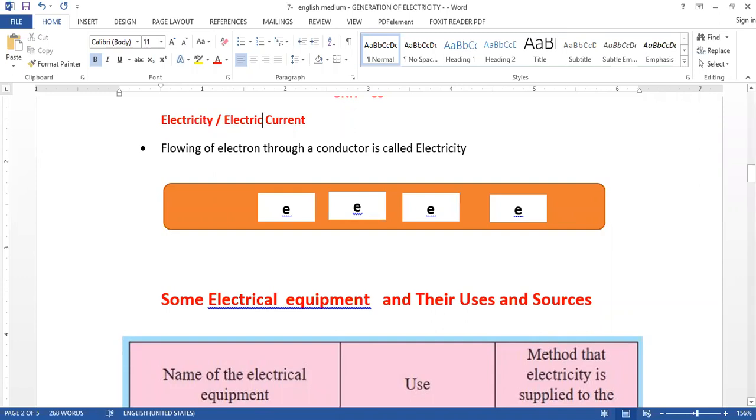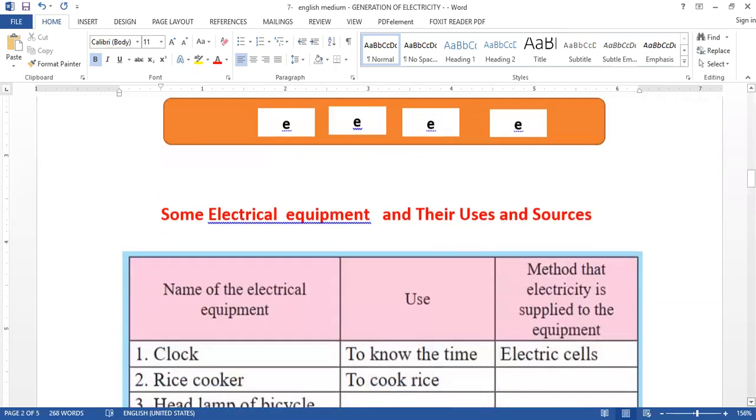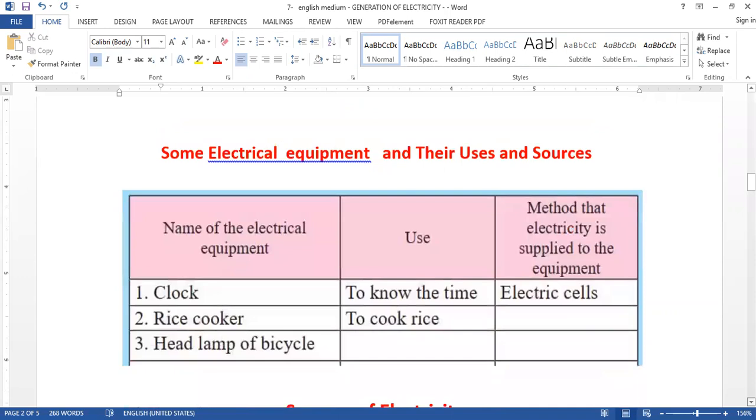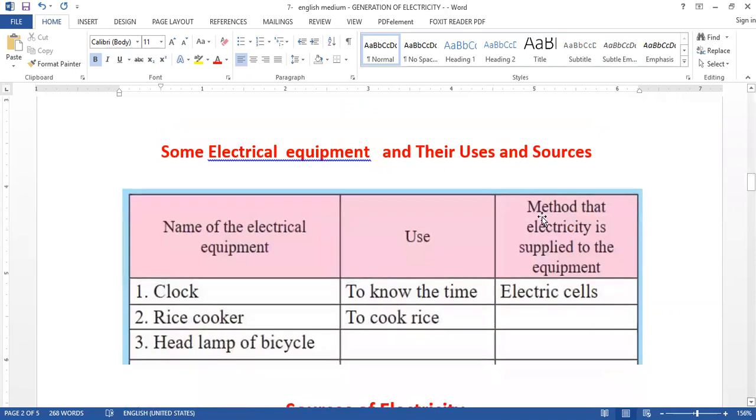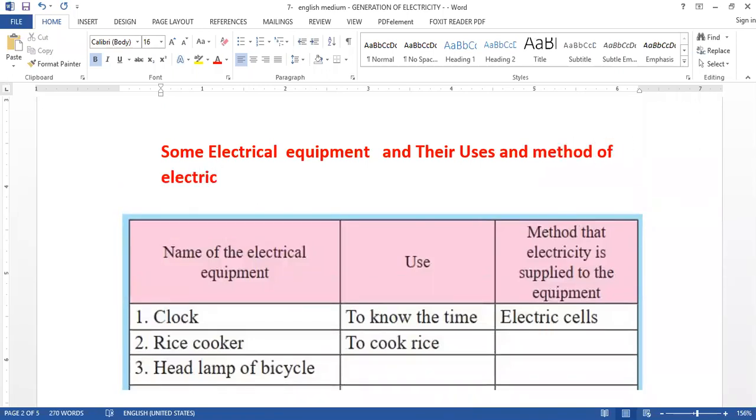Let's move to the next one: some electrical equipment and their uses, and electrical sources, or we can say the method of electricity supply.